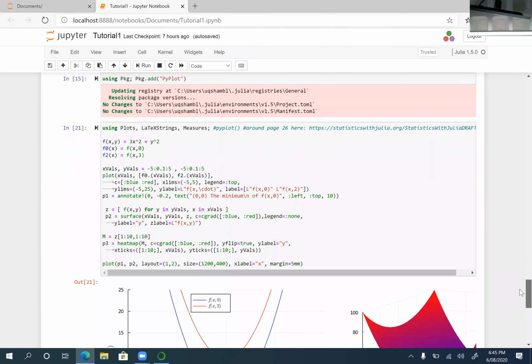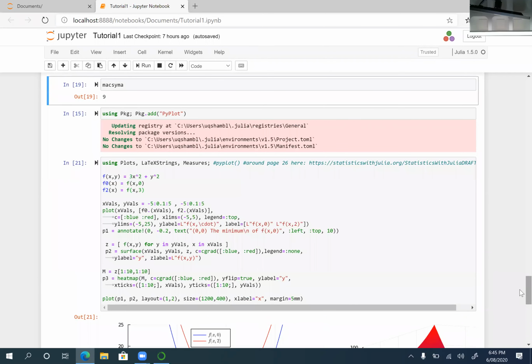Okay, but let's have a look at this. So what we have here, and this also comes from Statistics with Julia, what we're doing here, and you need to load these LaTeXStrings and Measures. So what we do first is we declare that f of x and y is 3x squared plus y squared. So the contours of this three-dimensional surface would be ellipses. But we also have vertical slices that are called cross sections.